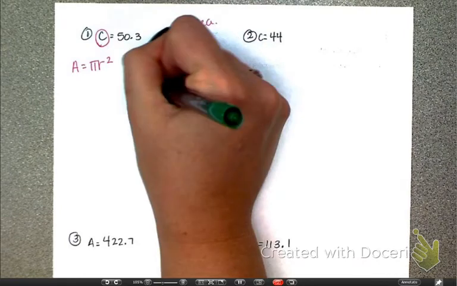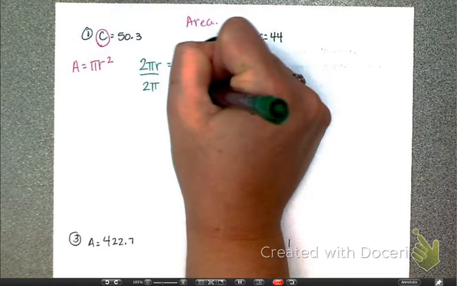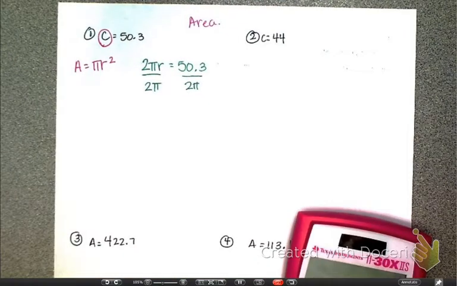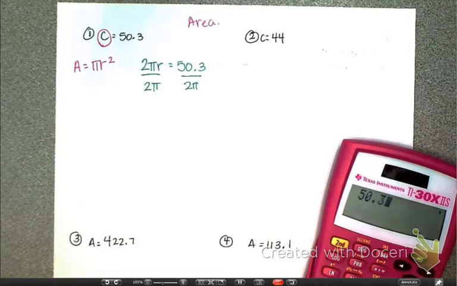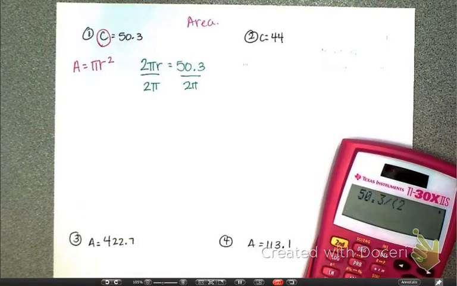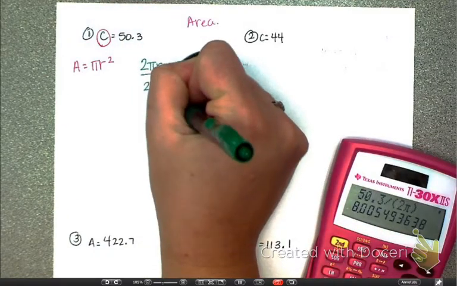Divide by 2 pi. Now remember, in your calculator you need to use parentheses or you need to do it separately. So 50.3 divided by 2 pi. And if I'm rounding to the nearest tenth, I get 8. So r equals 8.